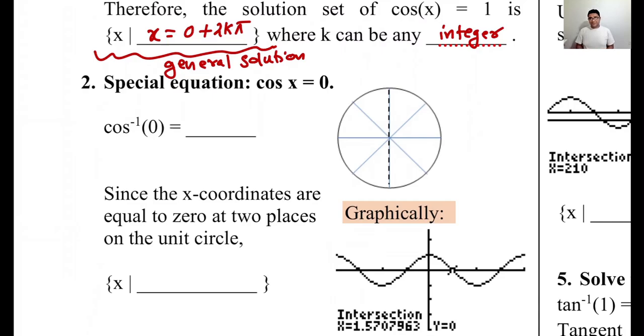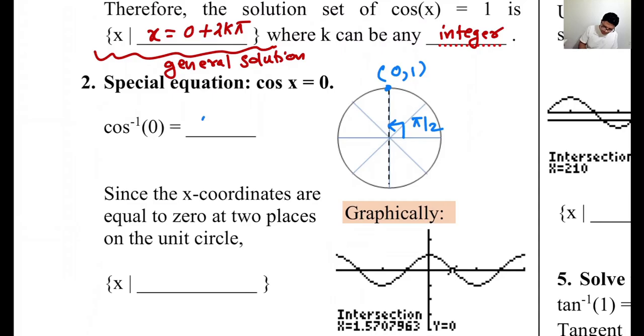Similarly, cos x equal to 0 is also another special solution. How? Let us first look at the least positive value that you get when you try to solve it. If you go anti-clockwise, the x coordinate is 0 when the angle is pi over 2, right? This point is 0 comma 1 when the angle is pi over 2.